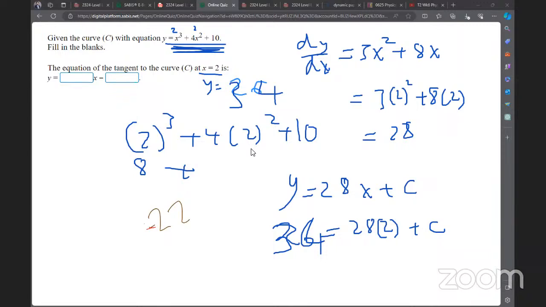So the slope will be 28 and c will be negative 22.